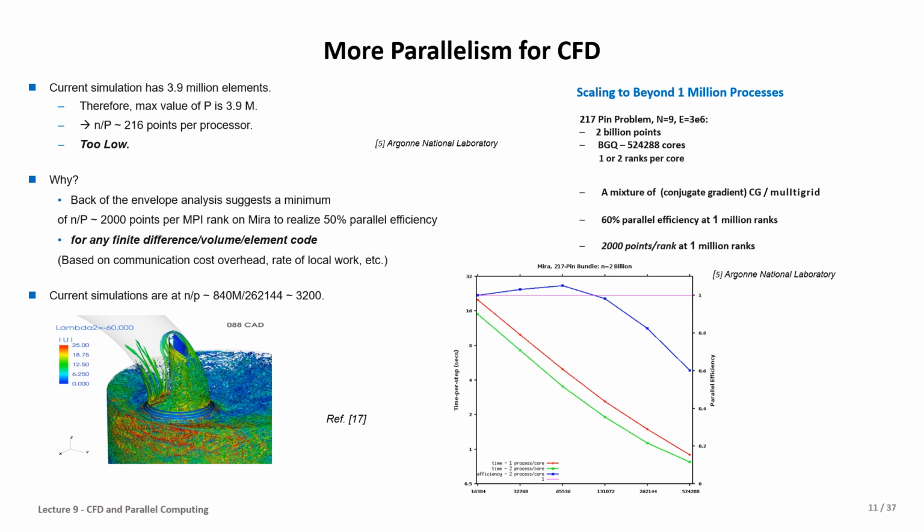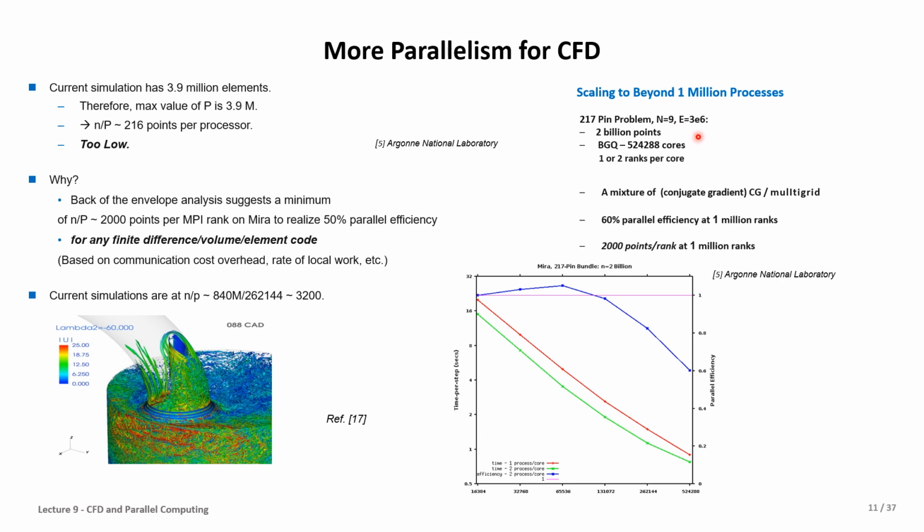When we look at the parallel efficiency and the time per step, here we have the scaling beyond 1 million processors. We have a 217 pin problem with order 9 and 3 million elements.